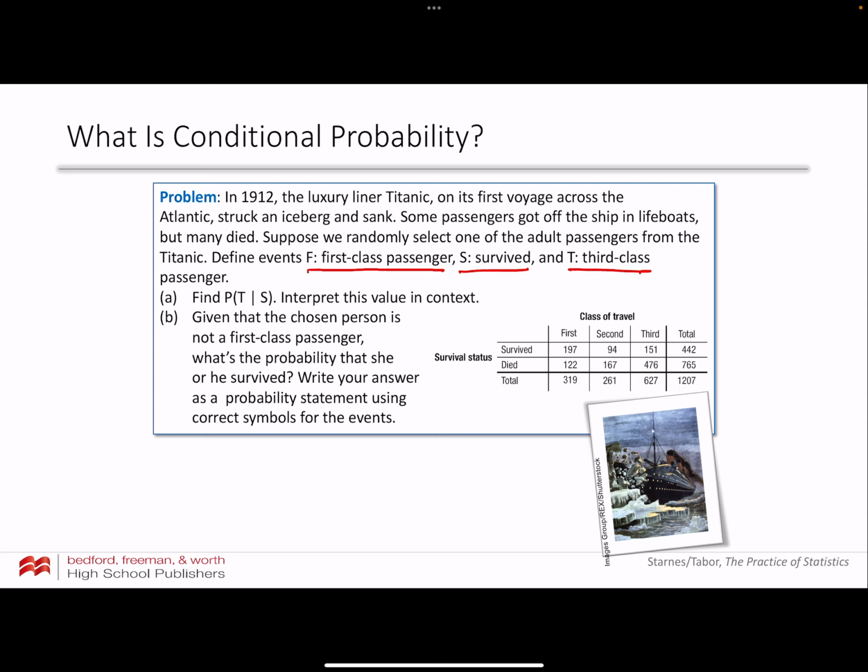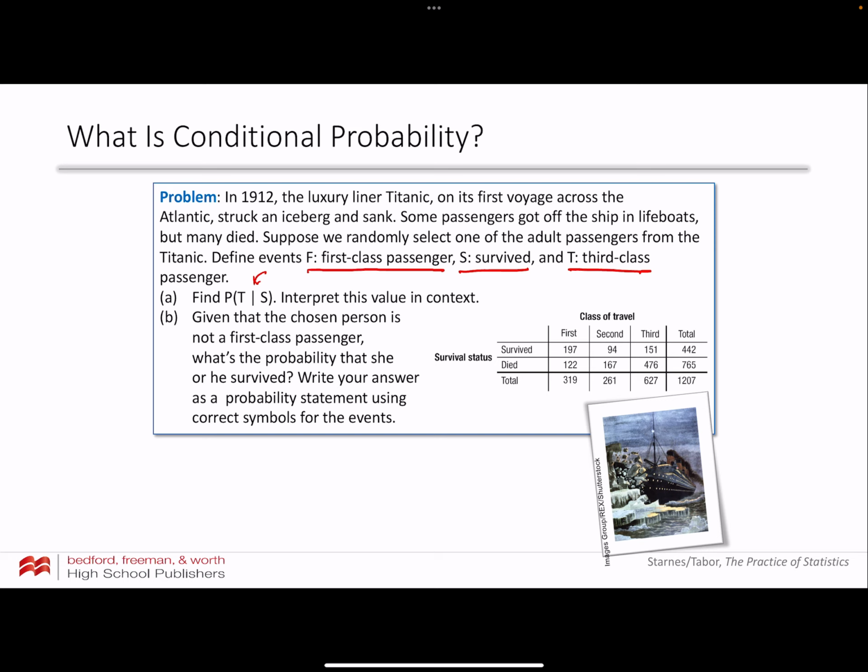So we want to find the probability of T given S, right? Remember that vertical line means given. So this is a conditional probability, and then we're going to interpret this value. S is that someone survived. So we're saying, what's the probability that they are third class given that they survived?